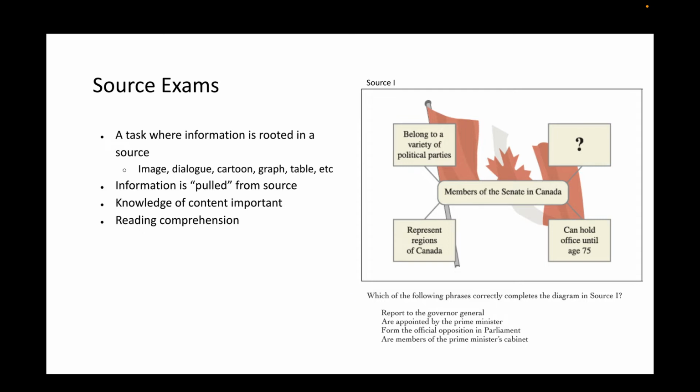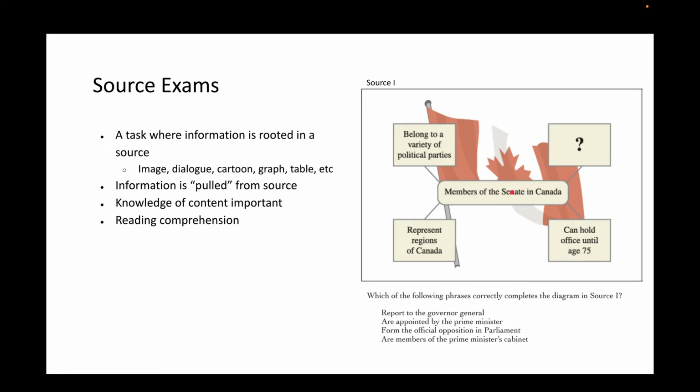Is it report to the Governor General? Are appointed by the Prime Minister? Form the official opposition in Parliament, or are members of the Prime Minister's cabinet? Well, by looking at the source, unfortunately, we can't pull any information out of here to actually answer the question fully. The information that we can pull from here is all of the ideas pointing towards the Senate in Canada.